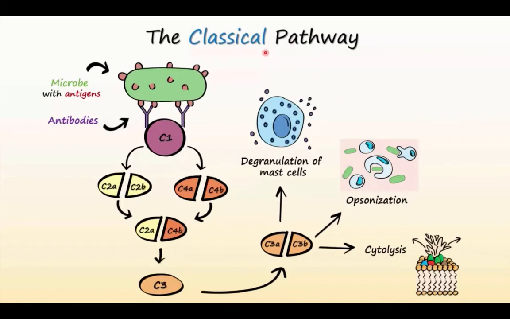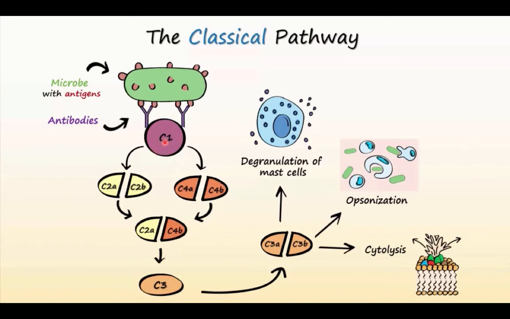So this is the classical pathway, where a microbe that invades the body has antigens on its surface, which will be recognized by antibodies. Antibodies catch the antigen, forming the antigen-antibody complex. This activates the C1 complex. When it starts with the C1 complex, it's called the classical pathway.